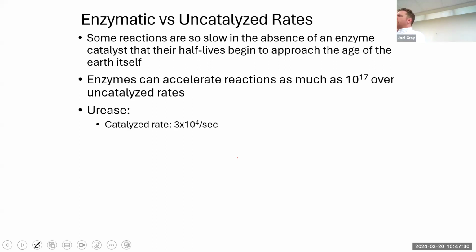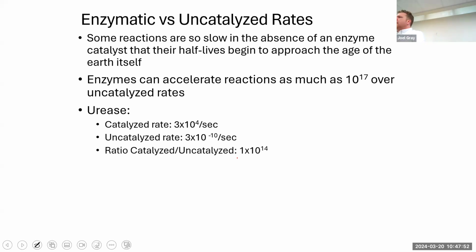Urease, for example, 3 times 10 to the 4th versus 3 times 10 to the negative 10th. And these exponents, when you see those numbers, it's the same thing that you saw in Gen Chem 1: negative exponent, smaller than 1, positive exponent, greater than 1. So use those numbers and think back to that. The ratio is 1 times 10 to the 14th.